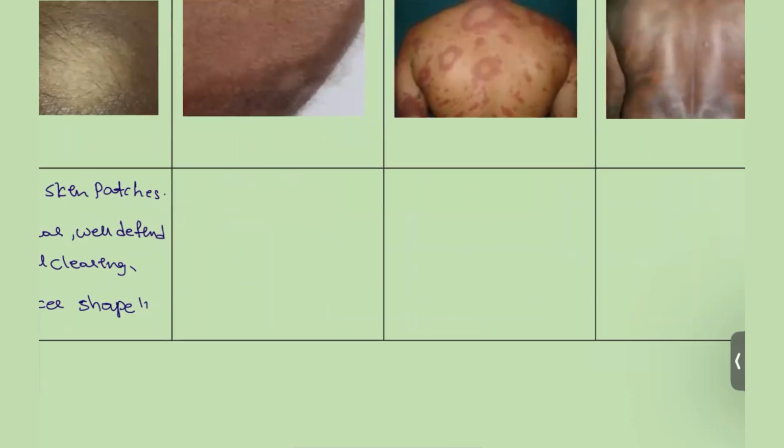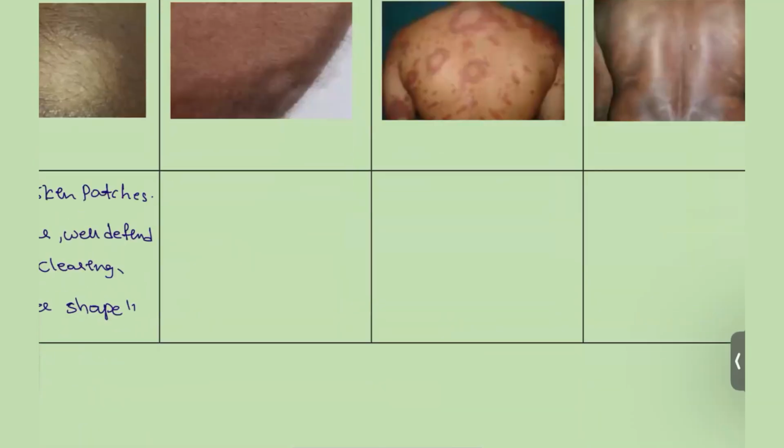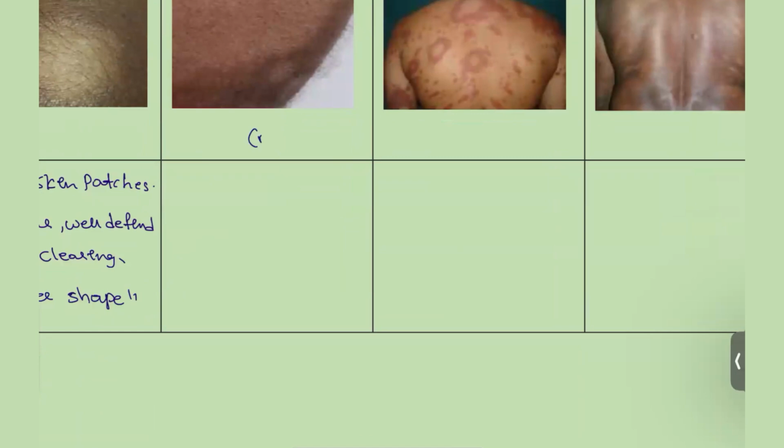Next, coming to the borderline tuberculoid, this is the most commonly seen in India. 3 to 10 lesions, not well defined. Satellite lesions are also present here.